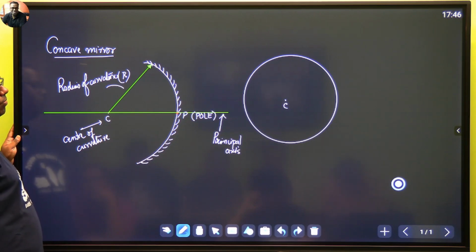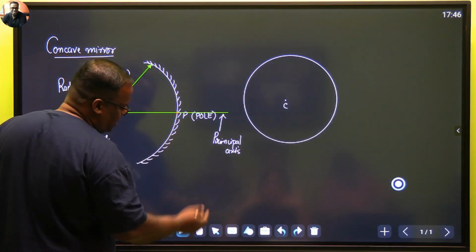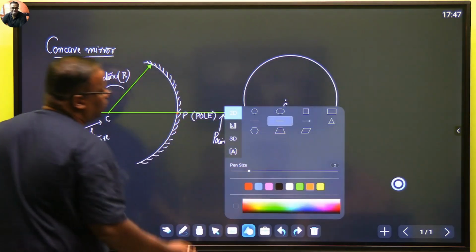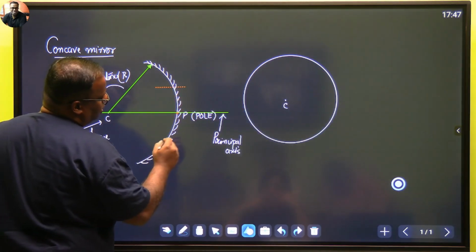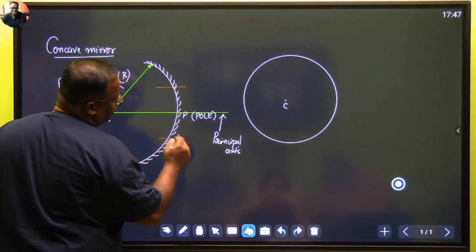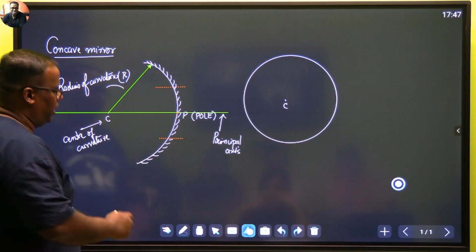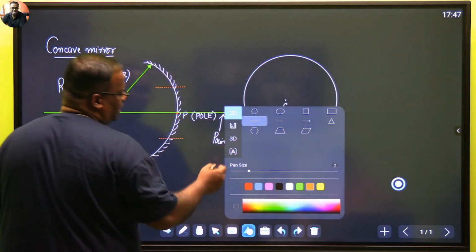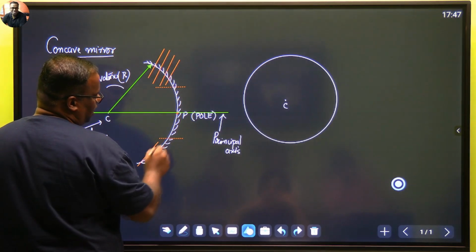Then comes another point. Just keep it for your information. Let's say it's only this much portion of the mirror. Let's say this is a portion of the mirror which is actually exposed to the incoming light. Do you understand? Not everything is exposed to the incoming light. What I'm trying to say is that in this portion, the light is not hitting you.